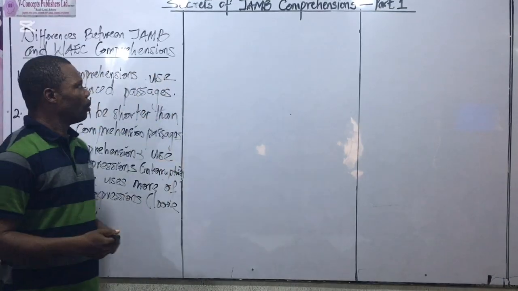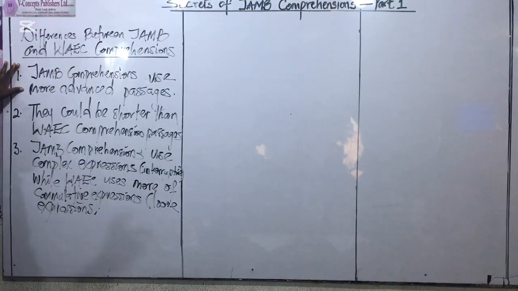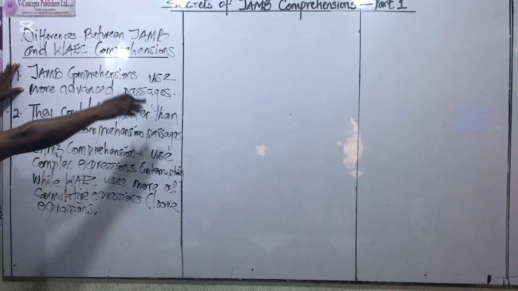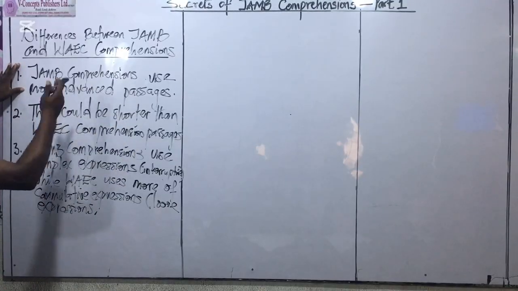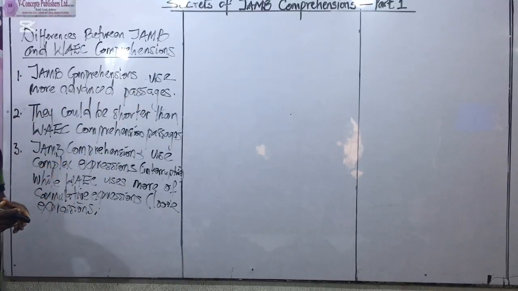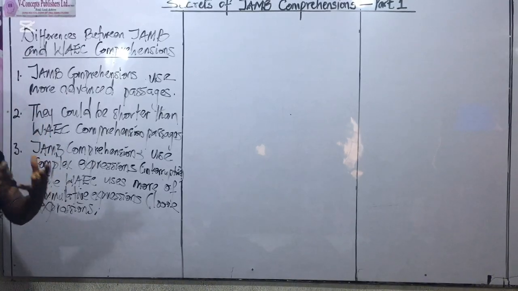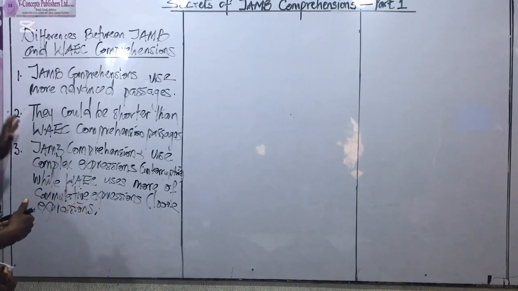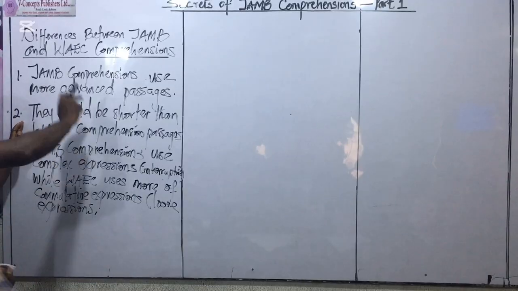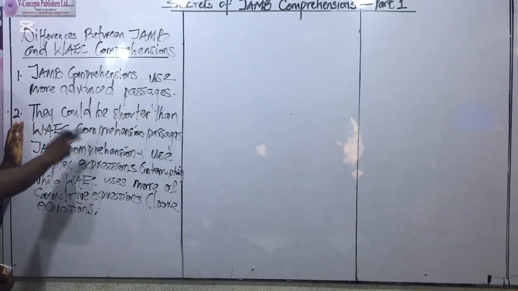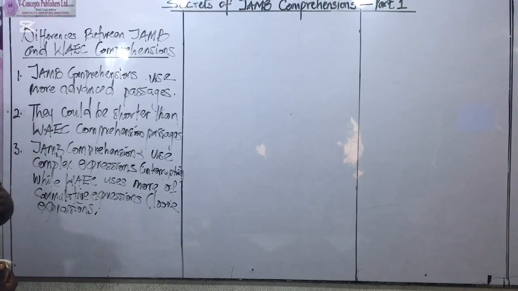So here we go. The first one is that JAMB comprehensions use more advanced passages, while WAEC uses elementary passages. 2. JAMB passages could be shorter than WAEC comprehension passages. Please take note of that.